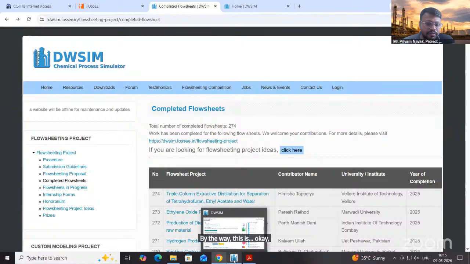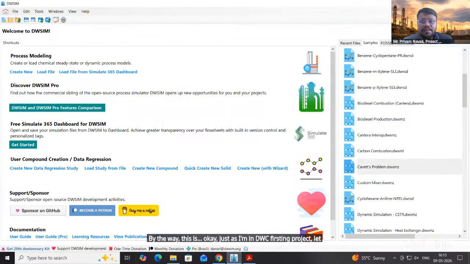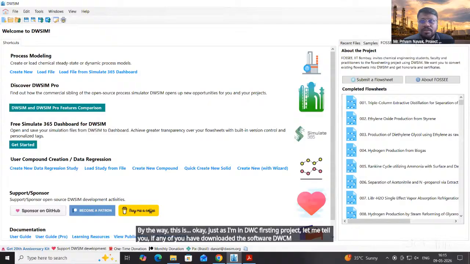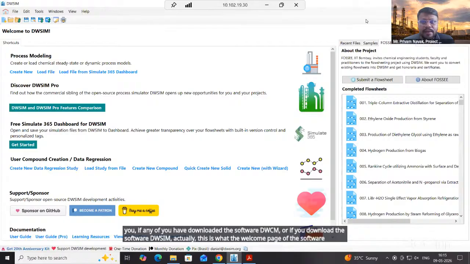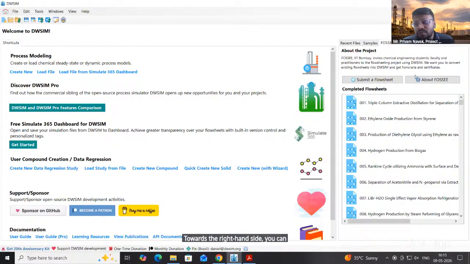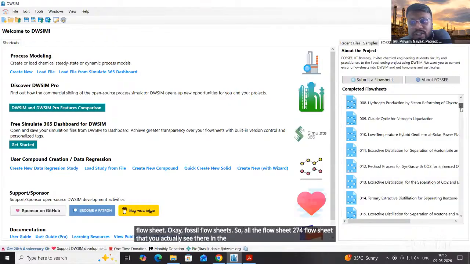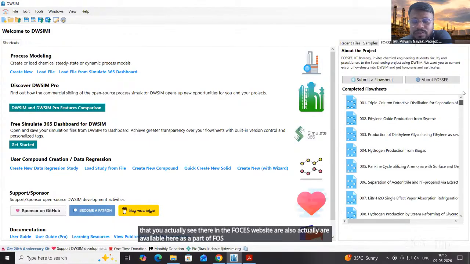By the way, just as I'm in DWSIM flowsheeting project, let me tell you, if you download the software DWSIM, this is what the welcome page of the software looks like. And in the welcome page itself, here towards the right hand side, you can see there is something called FOSSEE flowsheets. Okay, FOSSEE flowsheets. So all the flowsheets, 274 flowsheets that you see on FOSSEE's website, are also available here as a part of the DWSIM software.